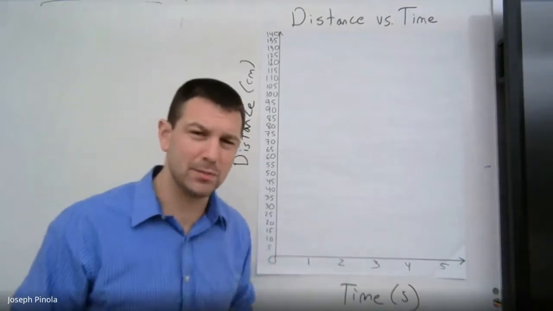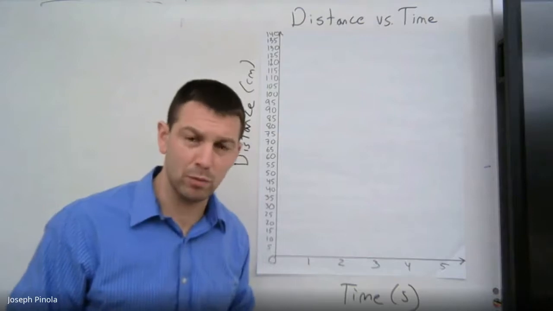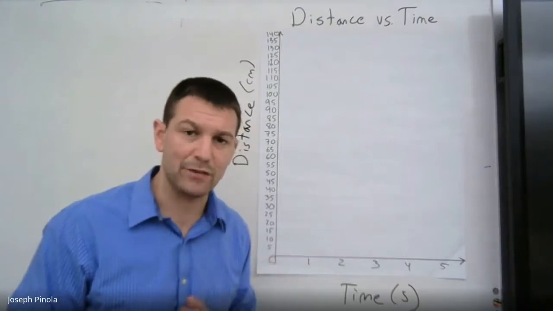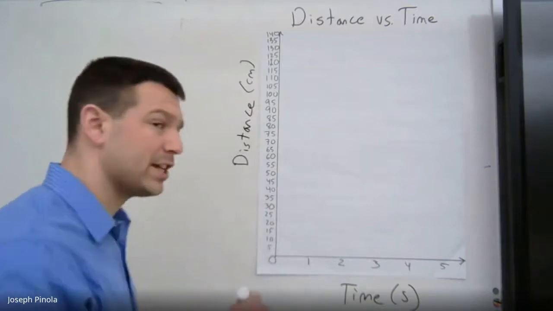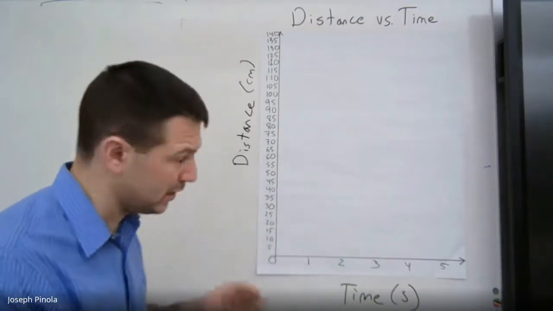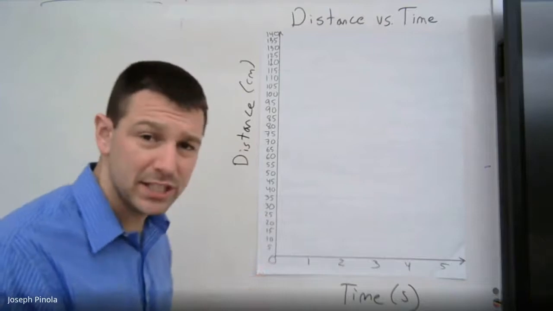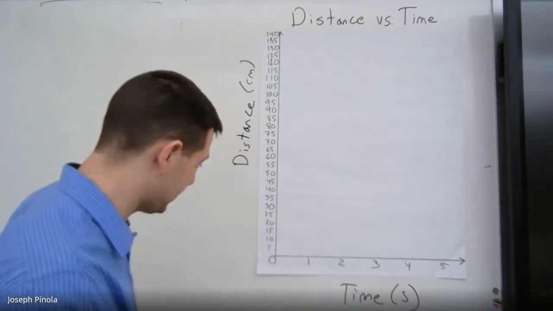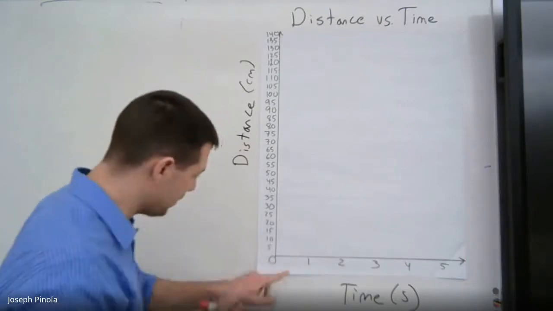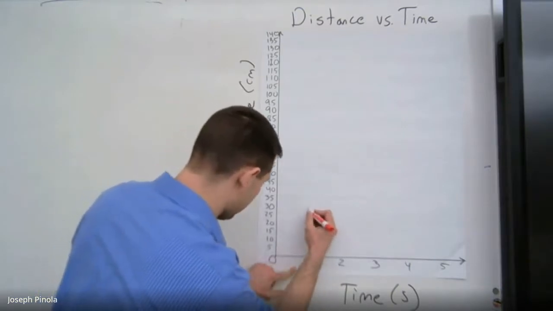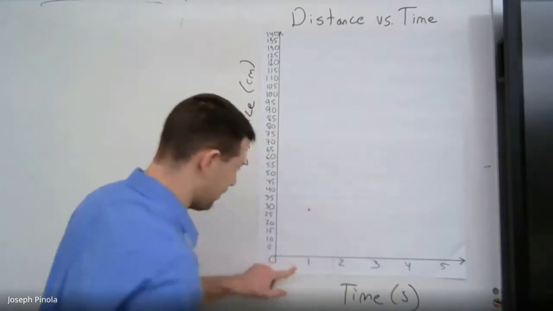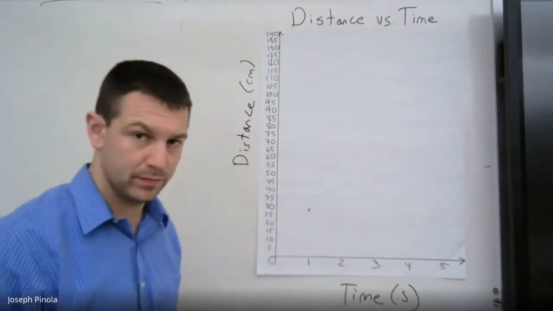However, I took some careful data about where the red train was after certain amounts of time. After 1 second, our red train covered exactly 28 centimeters worth of distance. So I'm going to plot that data point on my graph. After 1 second, it covered about 28 centimeters worth of distance.